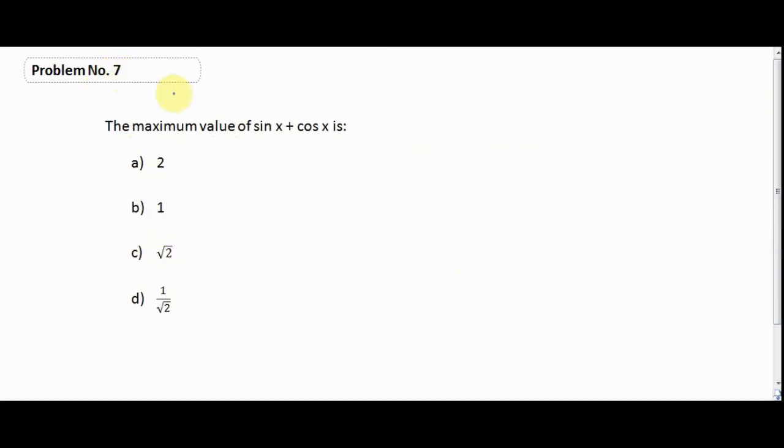Problem number 7. The maximum value of sin x plus cos x is. We are asked to calculate the maximum value of sin x plus cos x. Here we have to apply a general formula.